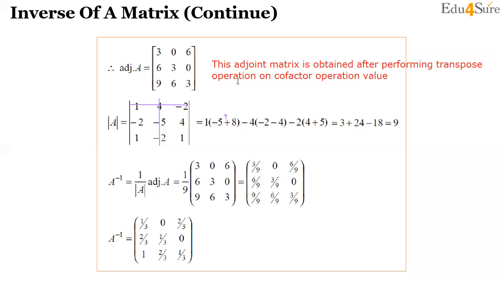So after performing the transpose operation on the cofactor value, you will get this adjoint A.